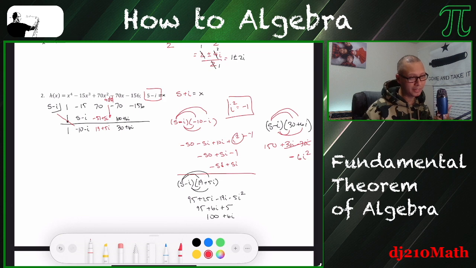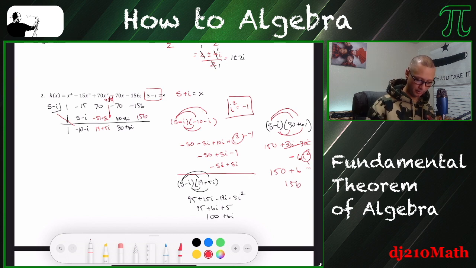But i squared is really negative 1, and it's going to flip the sign. So 150 plus 6. So we got 156, positive. And that's what we were expecting.